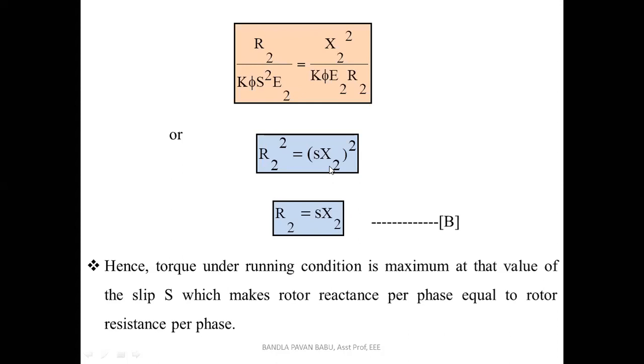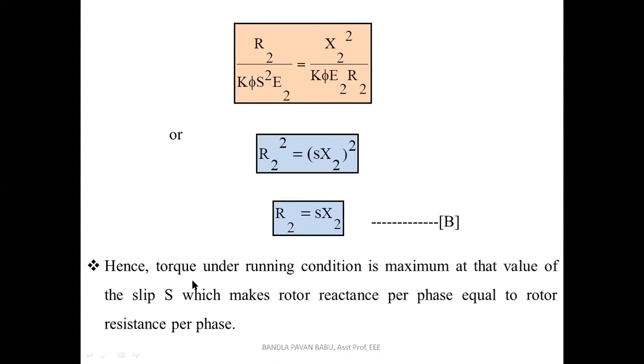Which can be written as (s x2) whole square. The squares get cancelled. So what is the final equation? The rotor resistance is equal to the slip into x2, the reactance of the rotor. This is the statement. Under running conditions, the final answer we have achieved is that the rotor resistance is equal to slip times the rotor reactance.